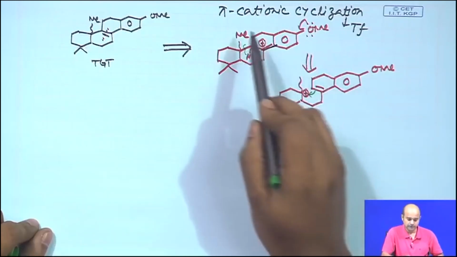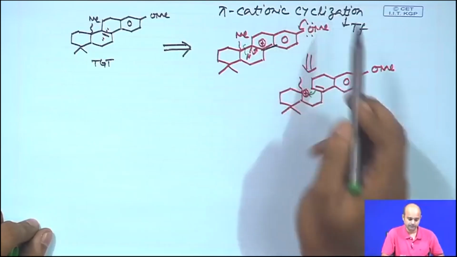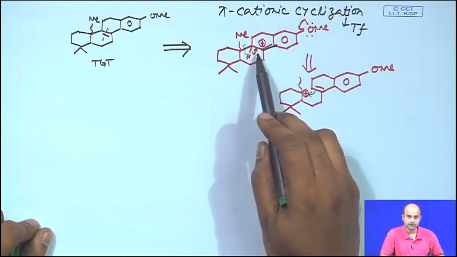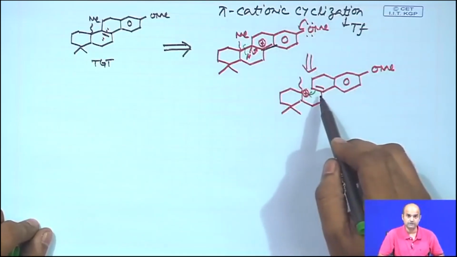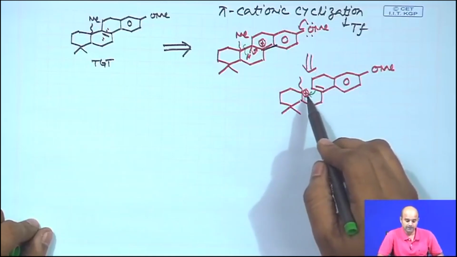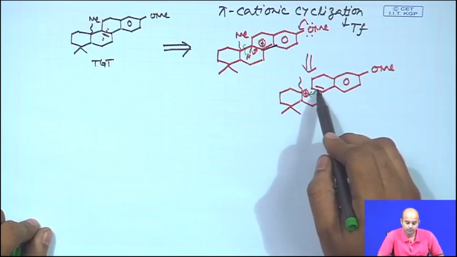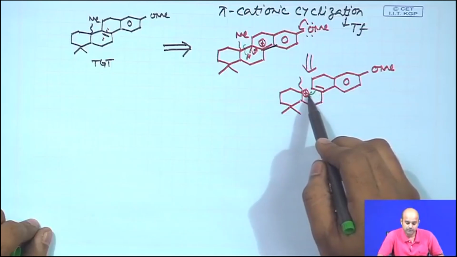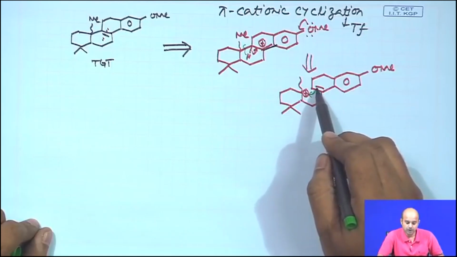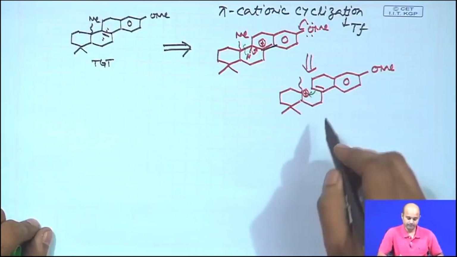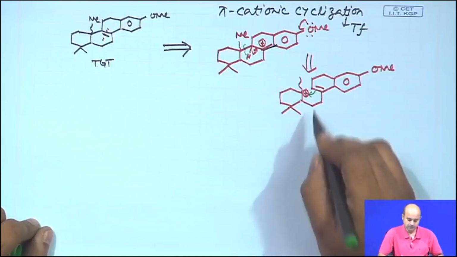That is why its name is pi cationic cyclization. The carbocations will be generated based on their stability, and in close proximity you have a pi electron. So, the pi electron will push its electrons to quench the carbocation. So, this is one of the intermediates.